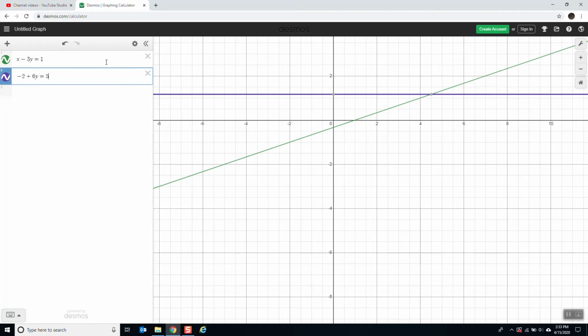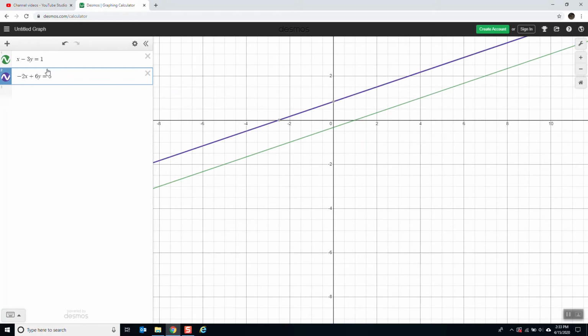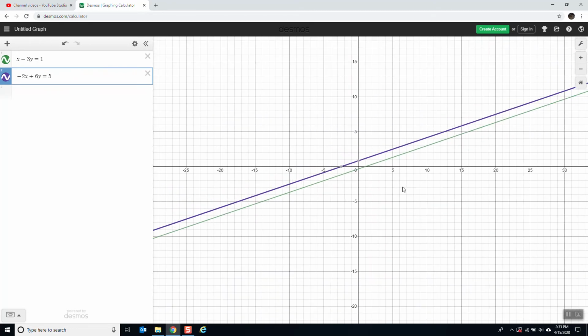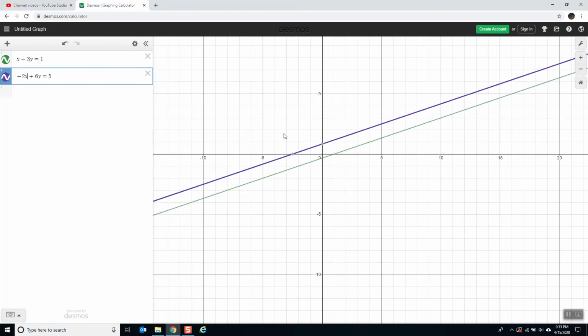Oh, yeah, because I didn't put an x in there. Hey, there it is. Those look fairly parallel, although this doesn't show every single point. Who knows? It might intersect out there at infinity. What's another way we could show that? Recall, parallel lines have the same slope. So we could solve each of these for y, because that's where the slope is.